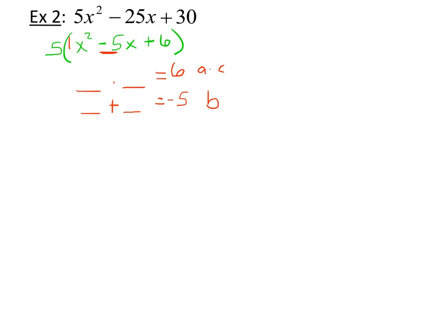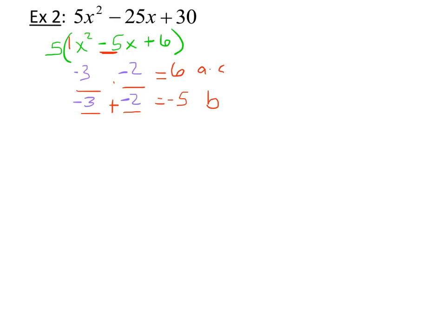So I need 2 numbers. The same 2 numbers have to multiply to give me 6 and add to give me negative 5. I know they're both going to be negative numbers because 2 negatives multiplied gives you a positive, whereas 2 negatives added would give you a negative. So I know that they'll be both negative. The 2 numbers are negative 3 and negative 2.